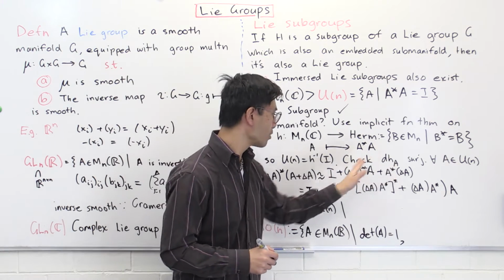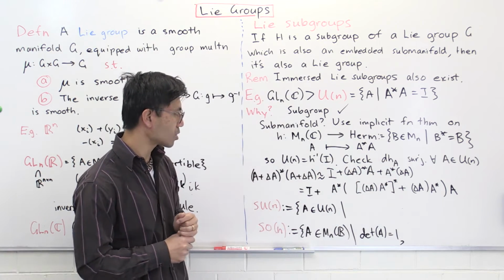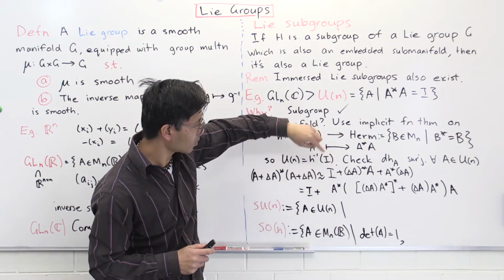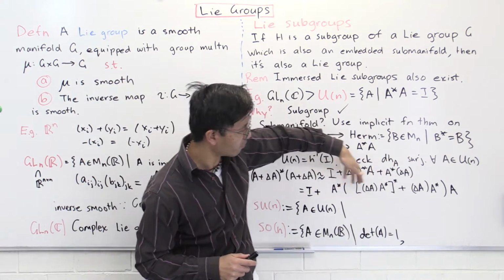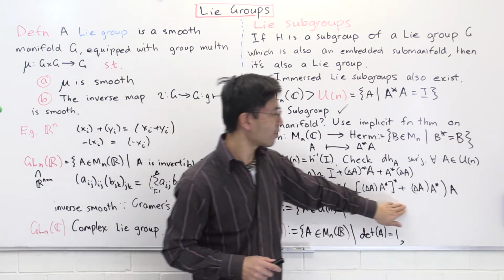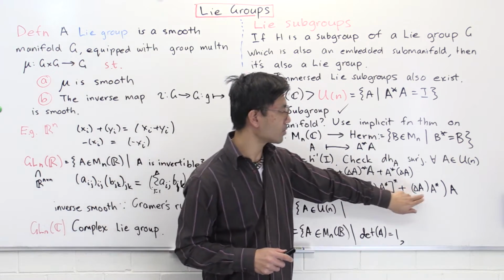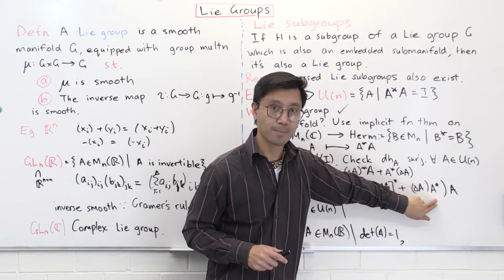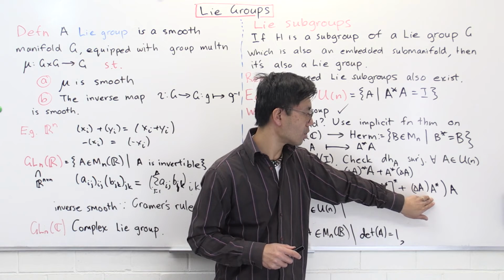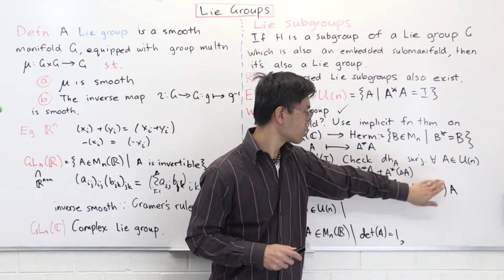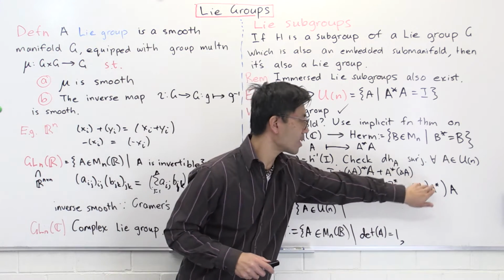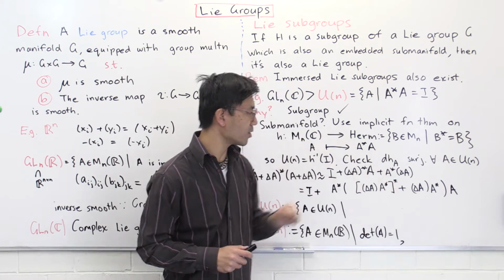So let's just rewrite this so you can actually see what's going on. Firstly, here's your I, and I'm going to write this in a very funny sort of way. Let's look at this thing inside the brackets here. You have delta A times A star, and then we add to that its Hermitian conjugate, its adjoint, delta A times A star, the same thing as here, adjointed.